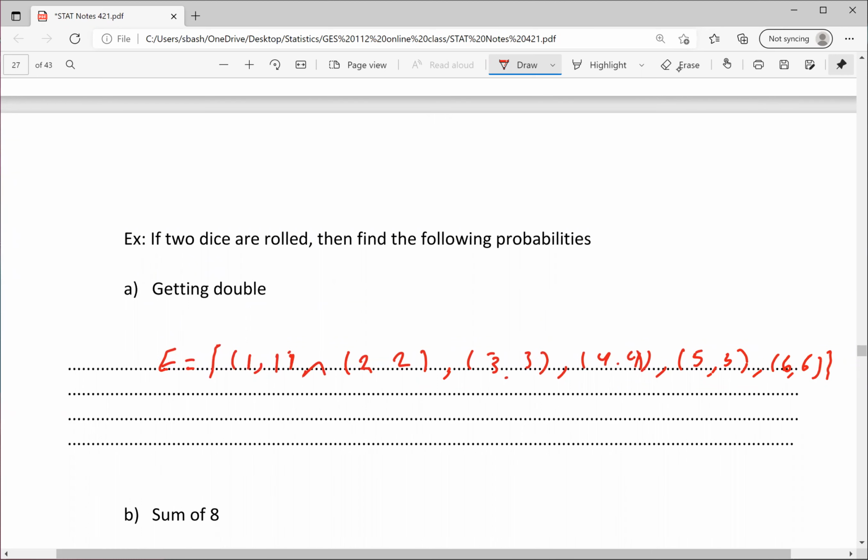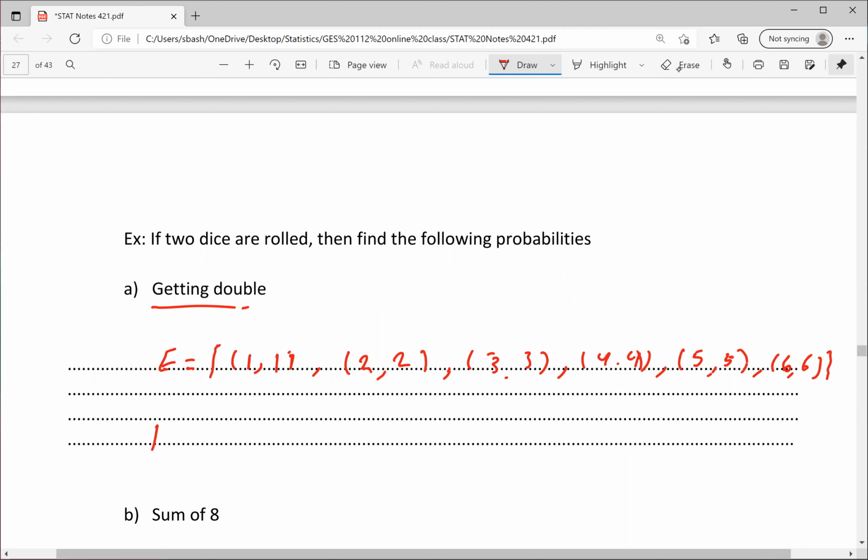So getting a double, the number of outcomes in this event. Now this is the event, getting a double. This is E. I have 1 in the first one, 1 in the second one, 2 in the first one, 2 in the second one, 3 in the first one, 3 in the second, and this is the idea of a double. So you can see that I have 6 outcomes.